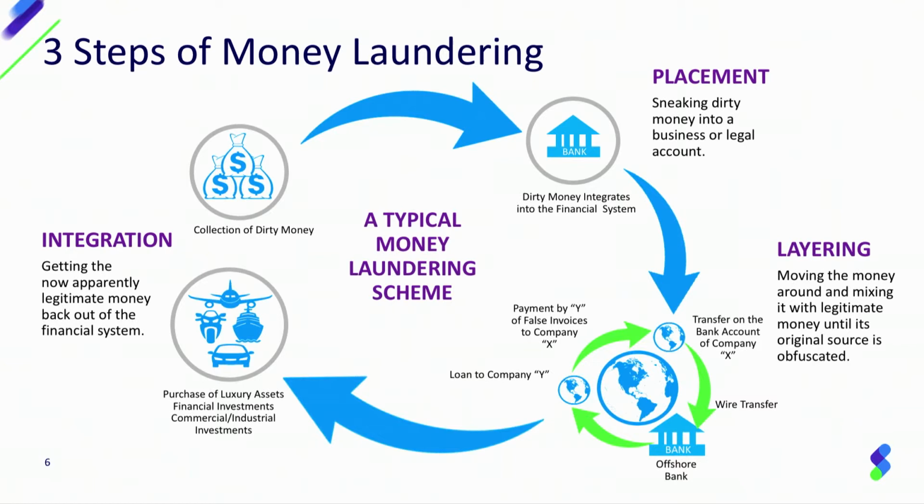Layering is really the important one, because it also creates the associated challenges in terms of detecting. Ultimately, in the layering step, the criminals try to make the activity as untraceable as possible.